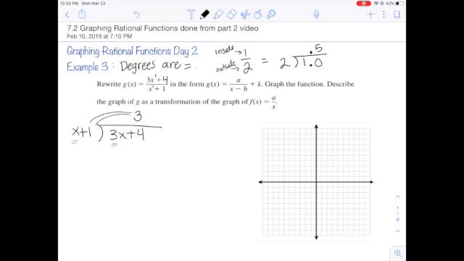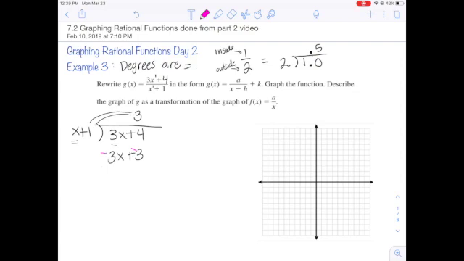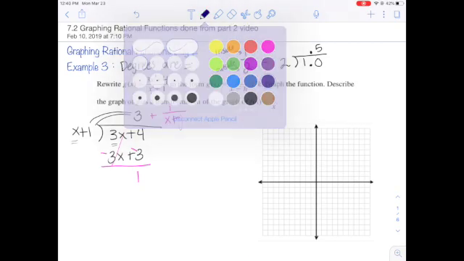And then you take the 3, multiply by each of the terms, and you get 3x plus 3. And then you have to subtract, and those cancel out. You get 1. So you know you have a remainder in that 1 because the degree of the 1 is less than the x plus 1. So you can write it as a remainder of 1, so plus 1 over x plus 1.